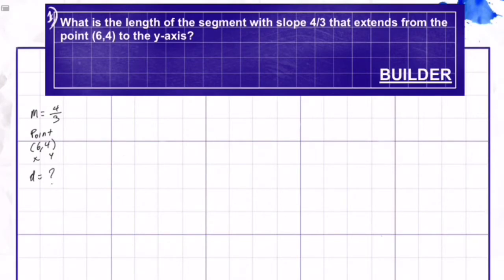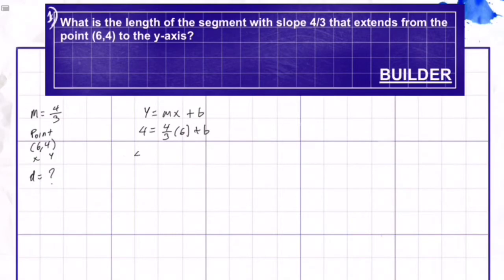For this, we're gonna use the standard form of the equation of the line that states y equals mx plus b. M is the slope and b is the y intersection. We substitute in the equation. We have that 4 equals 4/3 multiplied by 6 plus b.